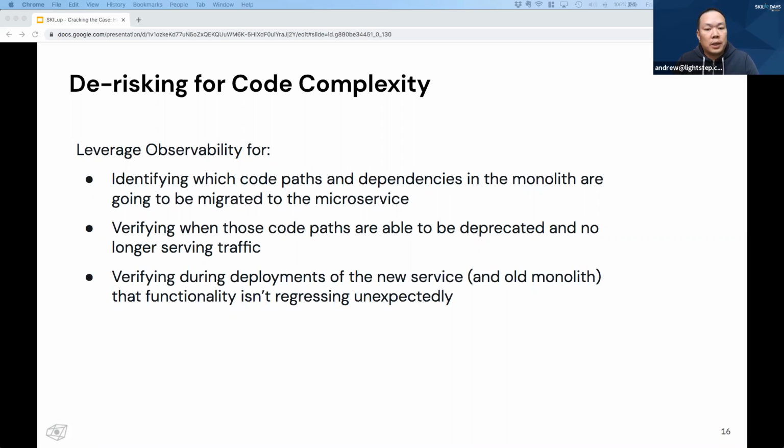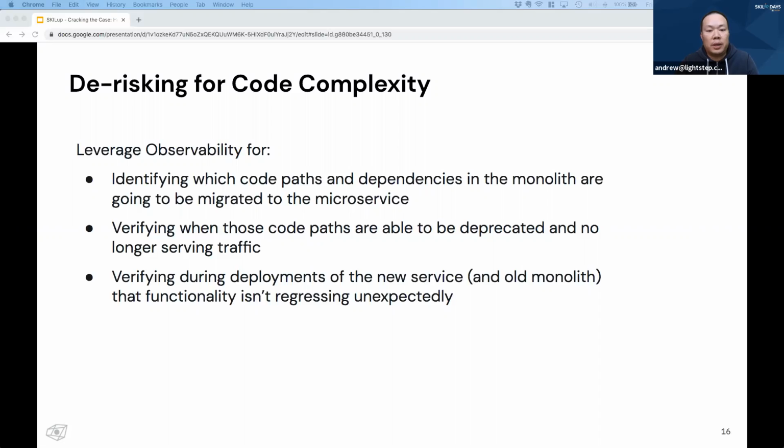The first I want to discuss is around code complexity. Monitoring and tracing your monolith will help you understand and identify your code paths, which will need to migrate to this new microservice. Using tracing, we can see what these code paths actually are. Once the code is migrated, we can use tracing to see if the deprecated code paths in the monolith are actually deprecated and no longer being exercised.